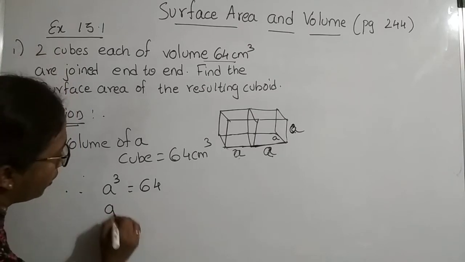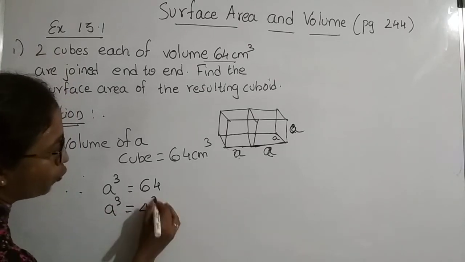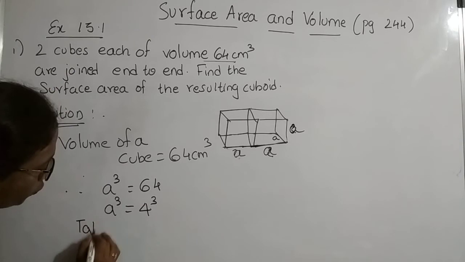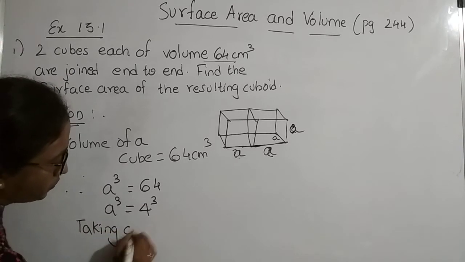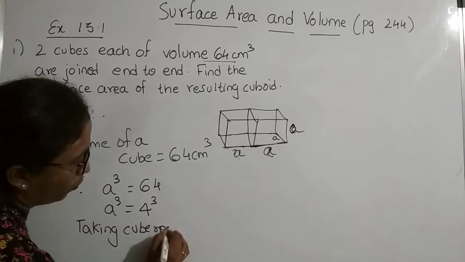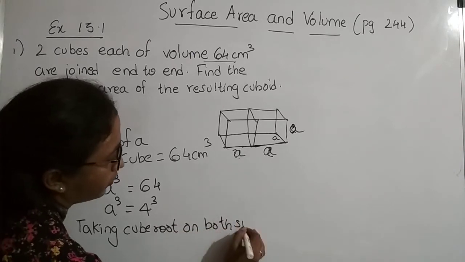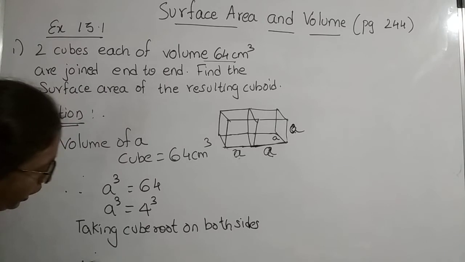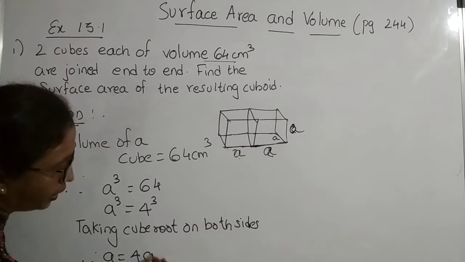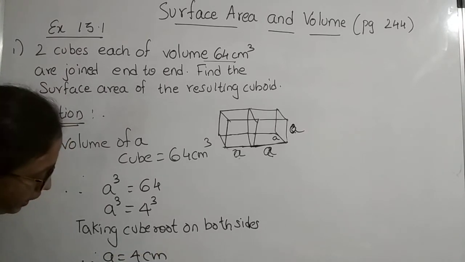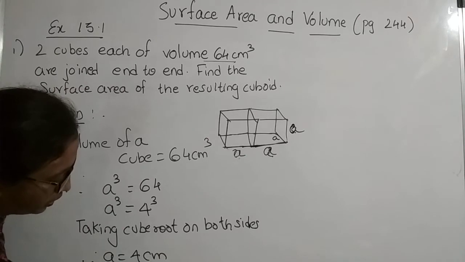That means this can be written as 4 cube. So taking cube root on both the sides, I can find A, that is the side. Therefore A equals 4 centimeter. This means the side is 4 centimeter.